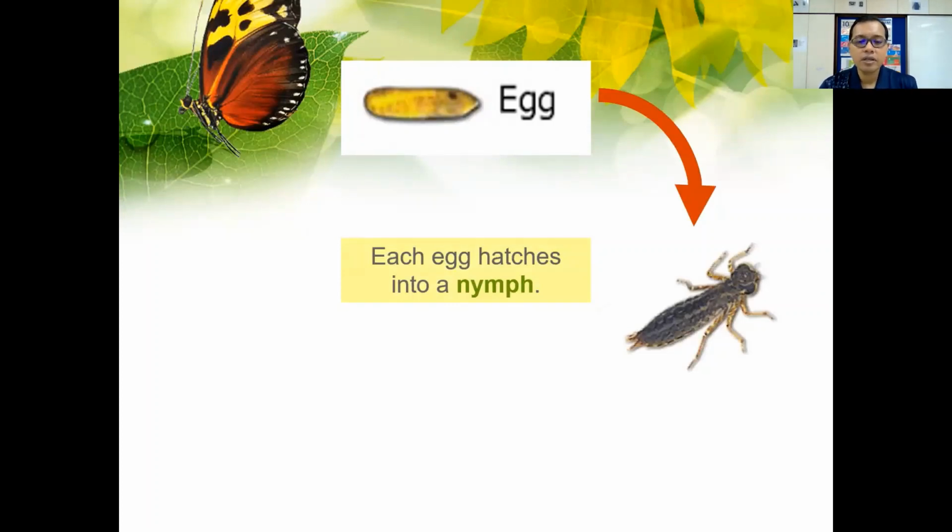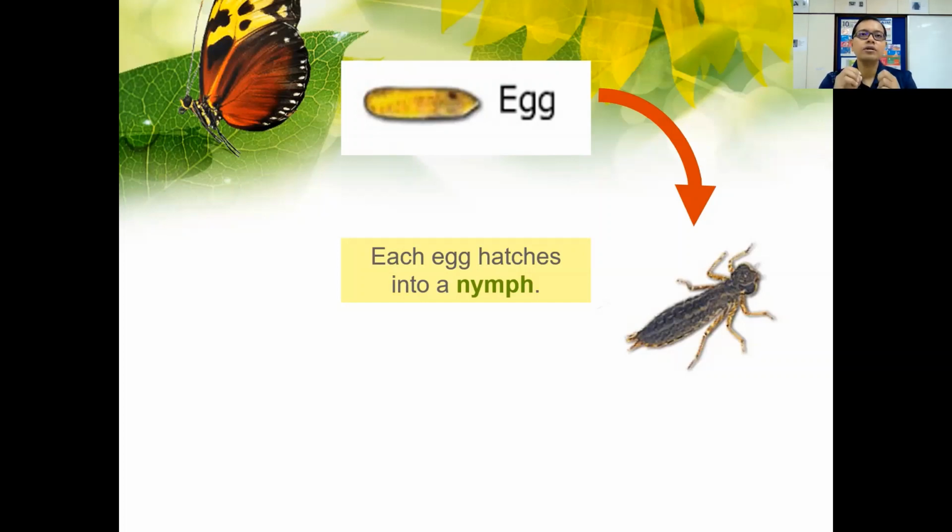Now, this word nymph, bolded in green, usually refers to the young of an insect in the young stage. Some other nymphs that you may have encountered before are the cockroach nymph.